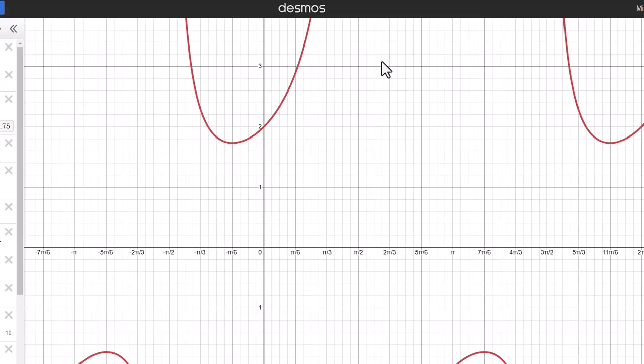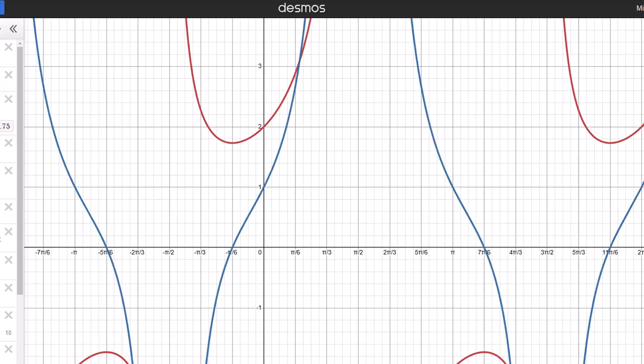All right, next is our function y equals 2 secant x plus tangent x. Here's the derivative function superimposed. Now from the derivative function, we found that the blue line crosses at 7 pi over 6 and 11 pi over 6.